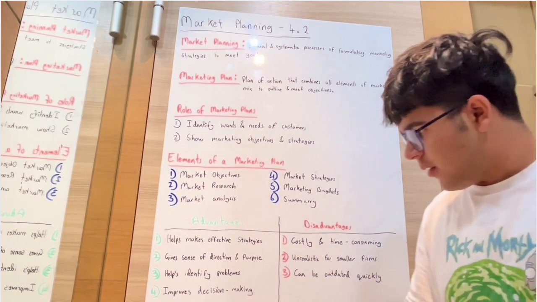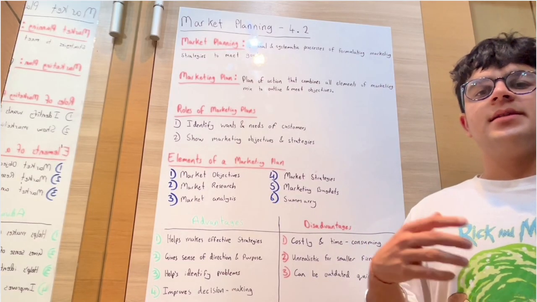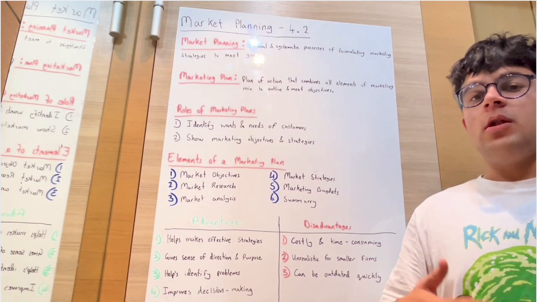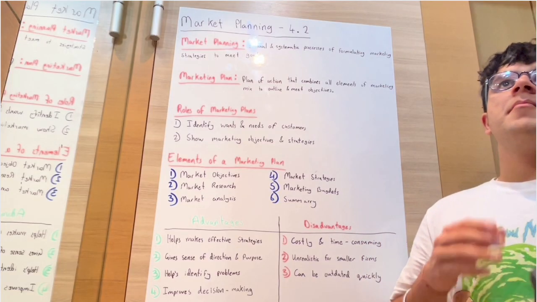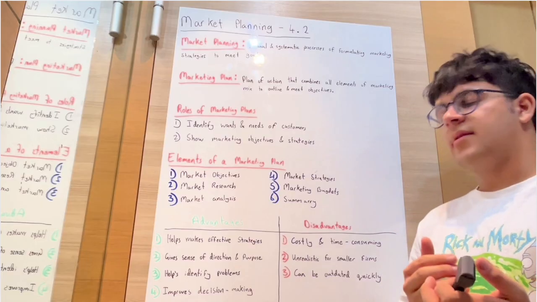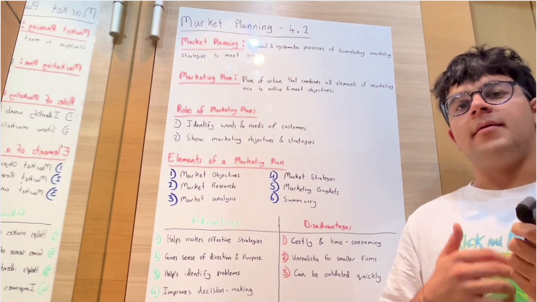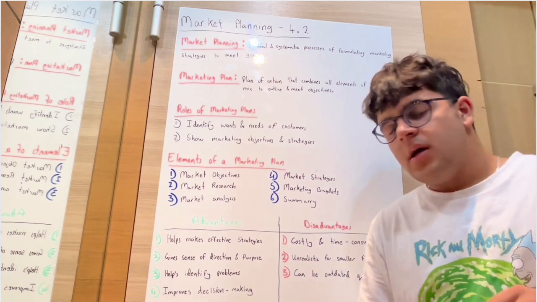And I haven't written this one here, but marketing plans are also practically essential for when you want to get loans or propose strategies, because they're the backbone of evidence that you are proposing a thorough and evaluated strategy. Let's move on to the disadvantages.